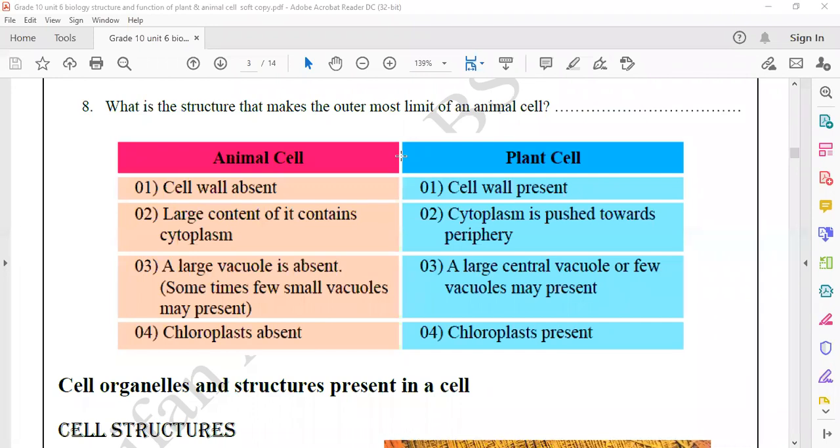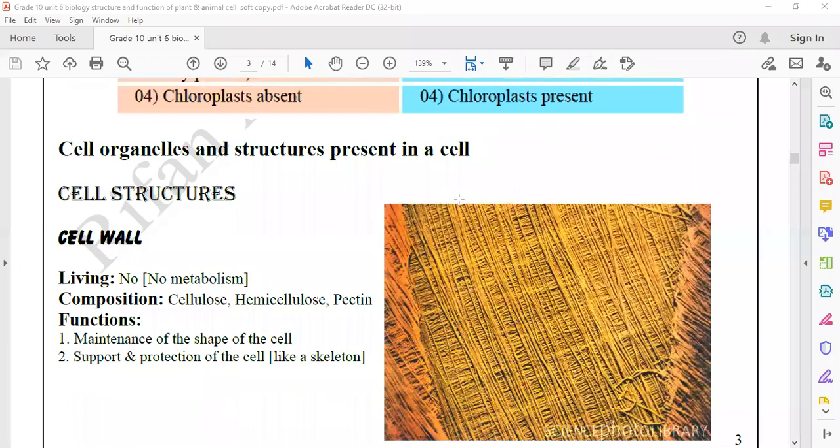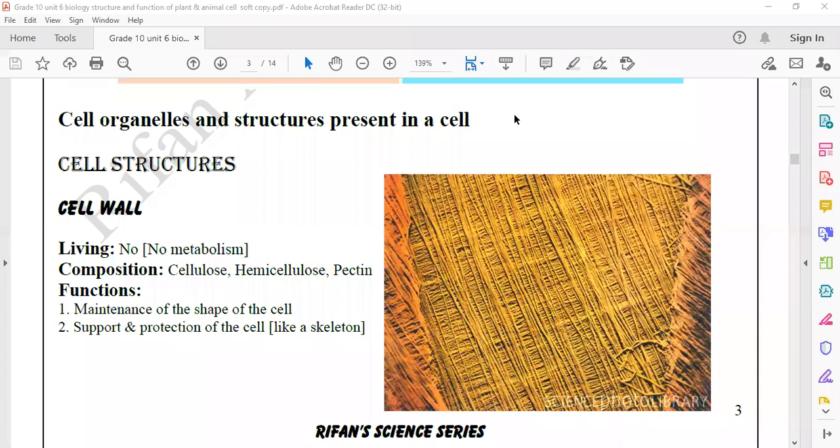Do you want any clarification on this comparison? Okay. If you are okay with it, we come to this.